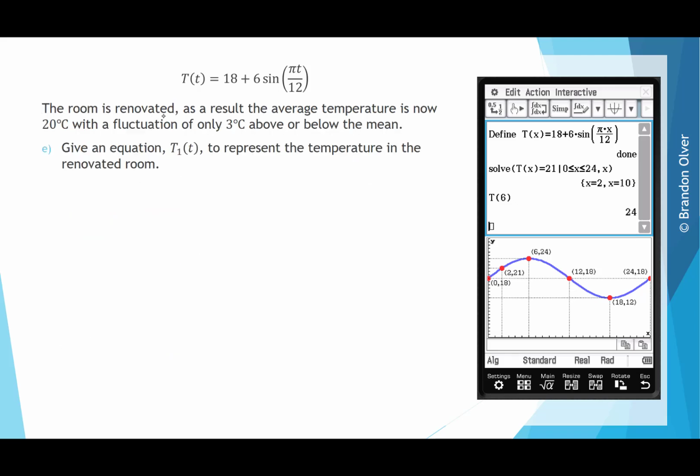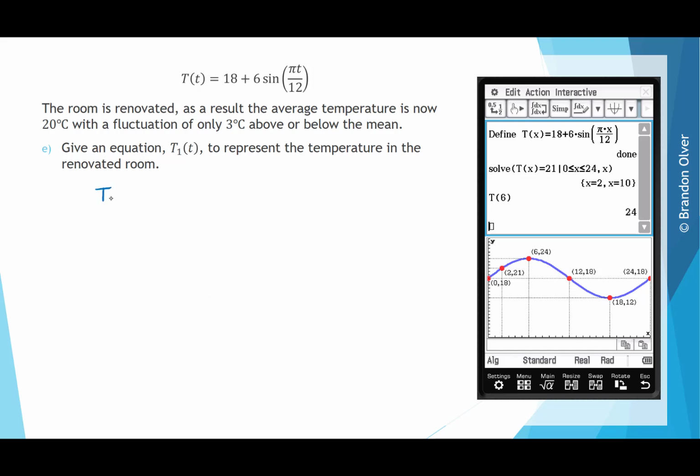Next, we're told that the room is renovated. As a result, the average temperature is now 20 degrees with a fluctuation of only 3 degrees above and below the mean. For part E, we're asked to give an equation T1 of t to represent the temperature in the renovated room.